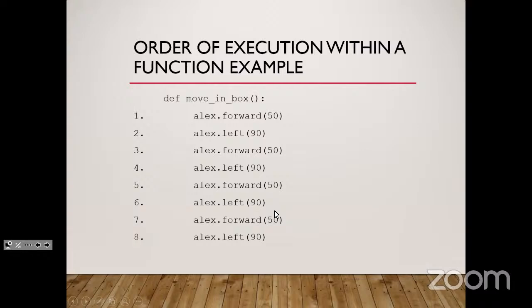The numbers I just put there just to make this easier. They're just like the line numbers on the side of your screen. If you're copying this into your IDLE later, don't put the numbers in there. But once it enters this function, it's going to do all these other function calls in that order. Does that make sense?